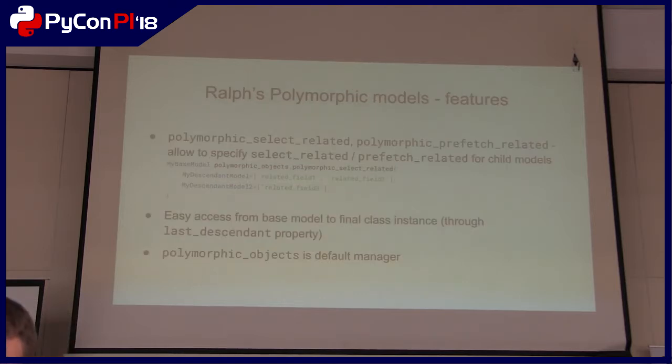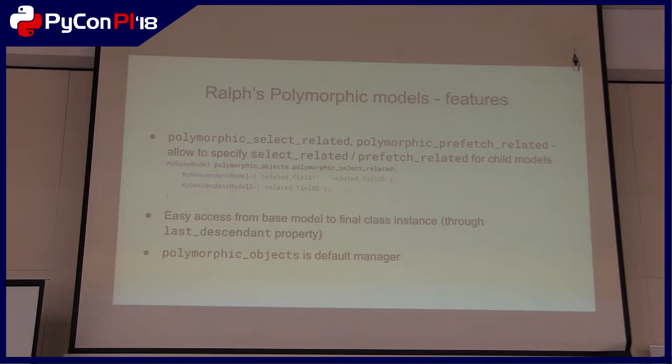And Ralph polymorphic has some additional features. First of all, it has polymorphic select related and polymorphic prefetch related. Select related and prefetch related are ways to tell Django to do some join in the database, or this is select related, and prefetch related is for prefetching all the related objects in a single query. This is especially useful for many-to-many relations, and to do this in an optimized number of database queries.